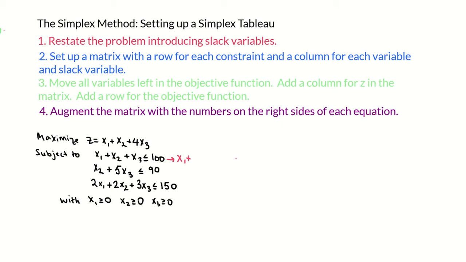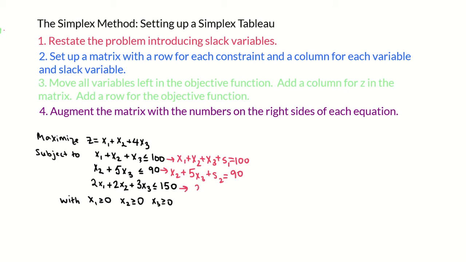So this first inequality becomes x1 plus x2 plus x3 plus the slack variable s1 is equal to 100. This second becomes x2 plus 5x3 plus the second slack variable s2 equals 90.